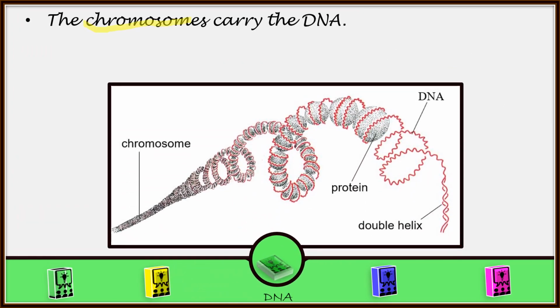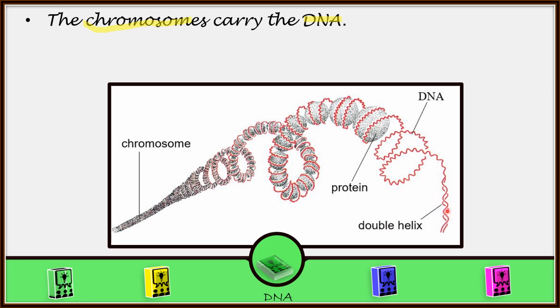The chromosome carries DNA. DNA is deoxyribonucleic acid. So this is our chromosome. The whole coiled structure is the one that we call the chromosome, and it is made up of a double helix.